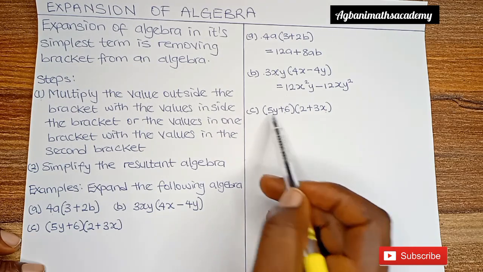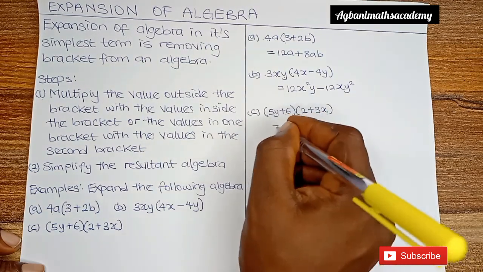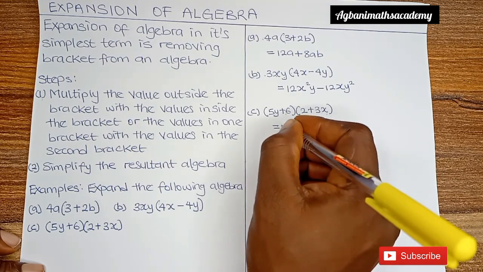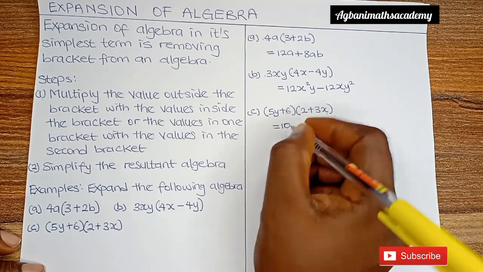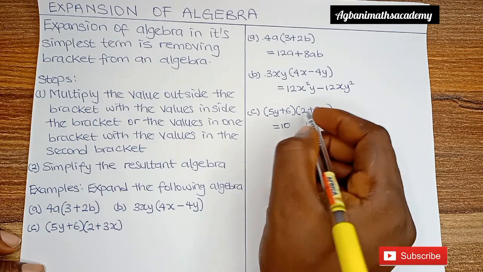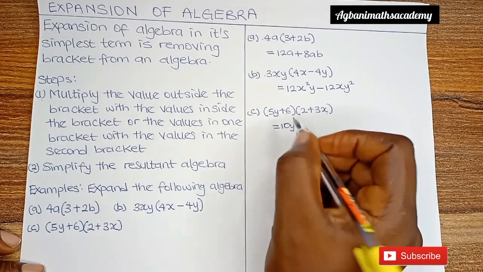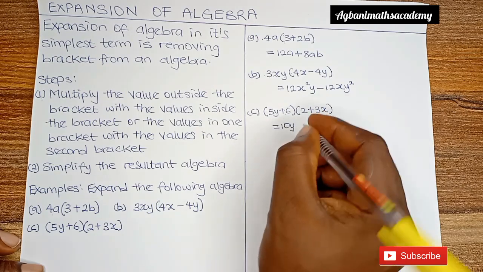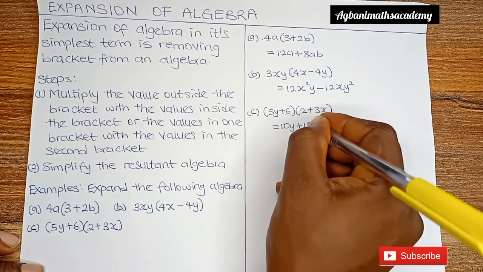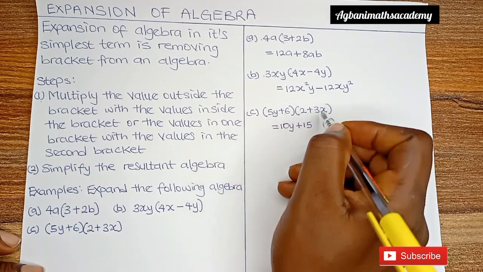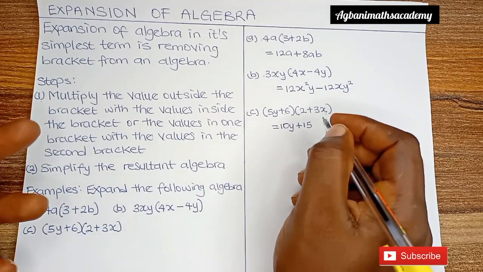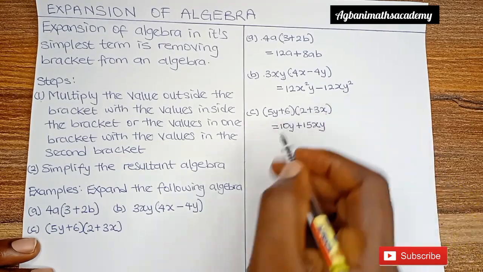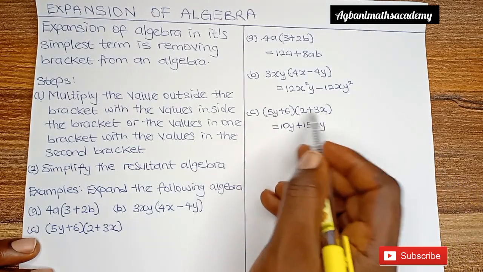Let's start with 5y. 5 multiplied by 2 is going to give us 10, sorry. And then y multiplied by, there's no alphabet here, so it's going to give us y. Then 5 multiplied by plus 3 is going to give us plus 15, and then y multiplied by x is going to give us yx, or preferably xy. So we have used 5y to multiply the values here.